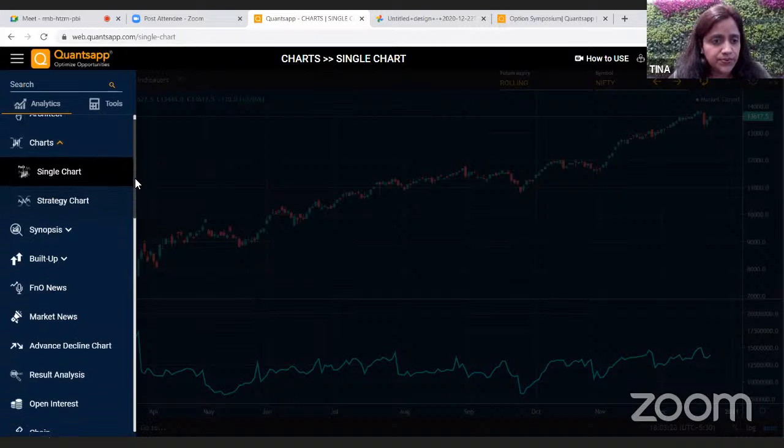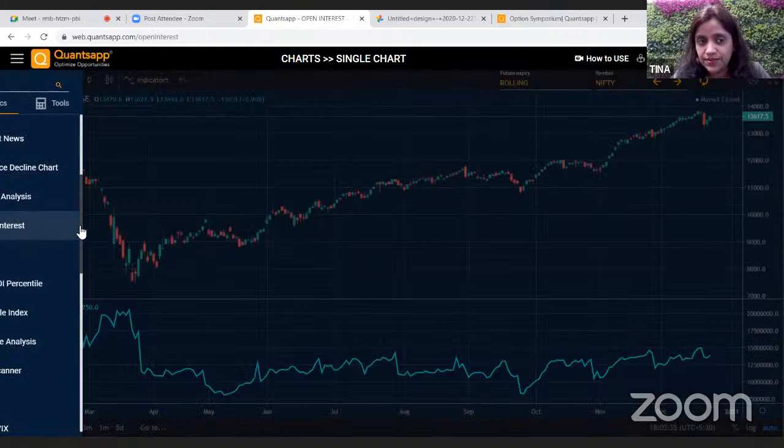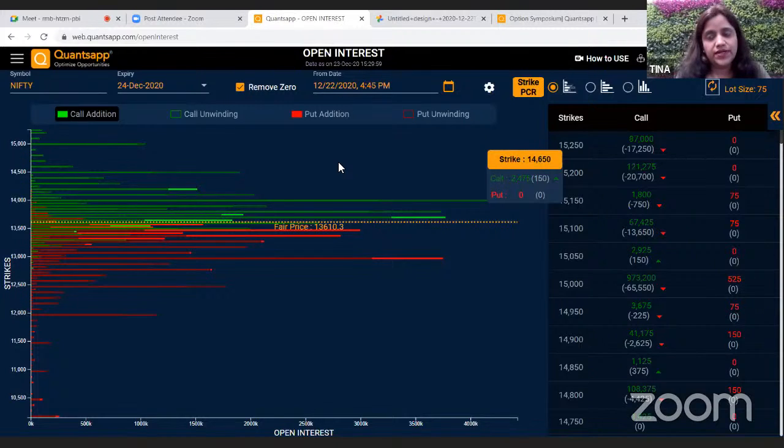The first product I would like to discuss is the open interest, the new one. Open interest has been used by everyone. Most traders in options, I won't say I'll find anyone who will say they don't know the open interest chart. It is the most widely used.